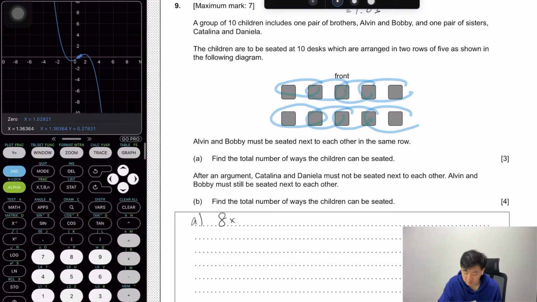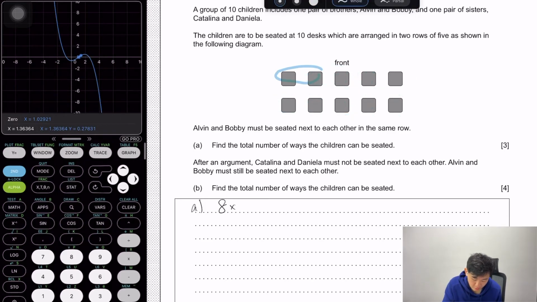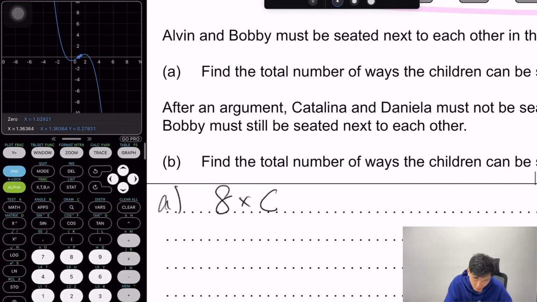So that means for A and B, we're going to write 8 ways. Multiply. Now, assuming that they have occupied 2 seats, any 2 seats, okay? What is the rest of them? The rest of them, we've got 8 seats, right? How can we arrange the 8 seats? Those 8 seats can be arranged by, not combination, but permutation. 8 people arranged in 8 seats, okay?